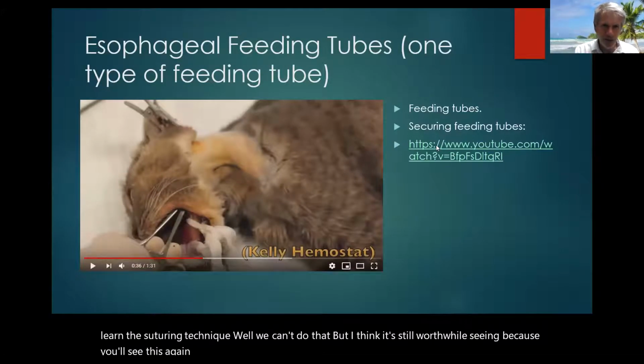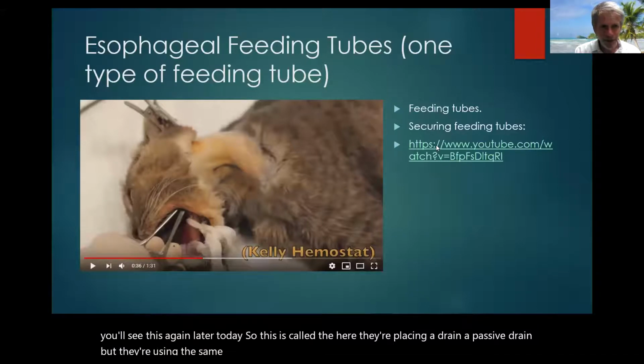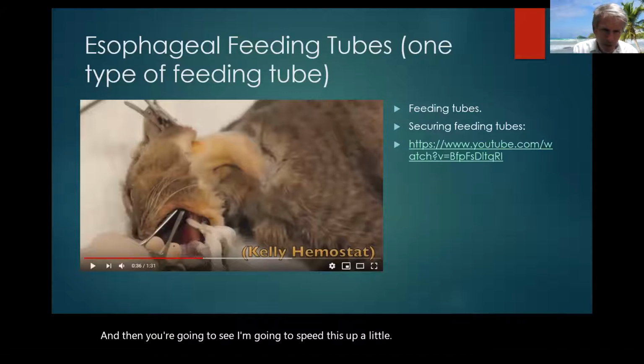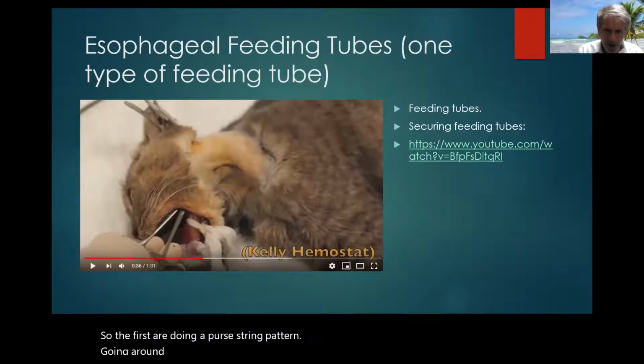Here they're placing a passive drain, but they're using the same pattern. So there you are, we just stabbed the skin in the patient's neck. And then I'm going to speed this up a little. They're doing a purse string pattern going around the esophageal feeding tube.